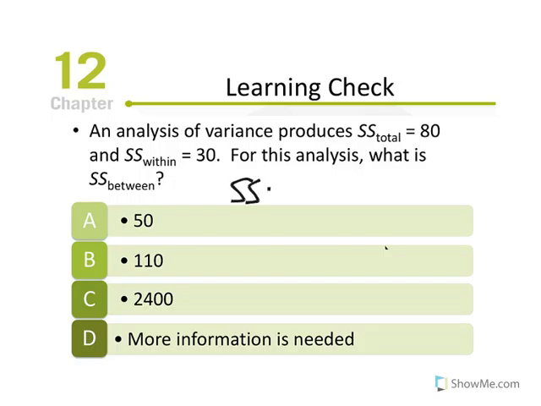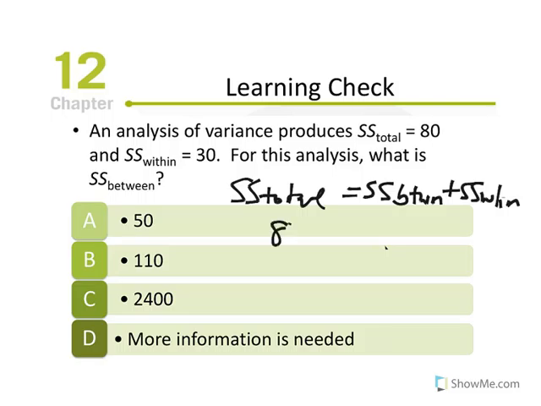So again, SS total is equal to SS between plus SS within. So let's replace variables. We're told that SS total is equal to 80. SS between is what we want to figure out. And SS within is equal to 30.